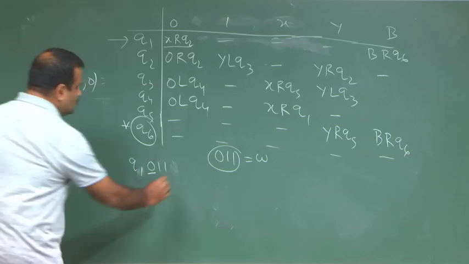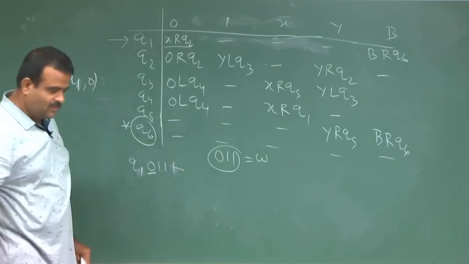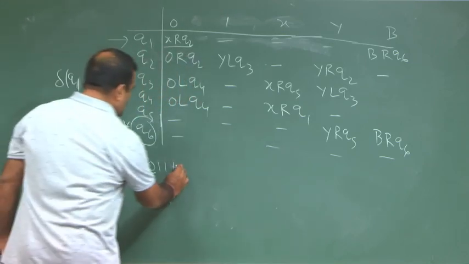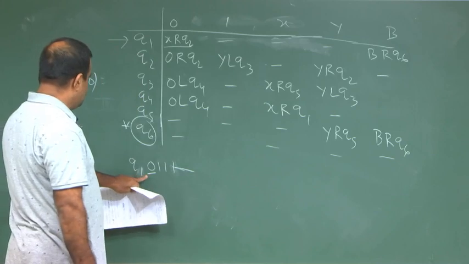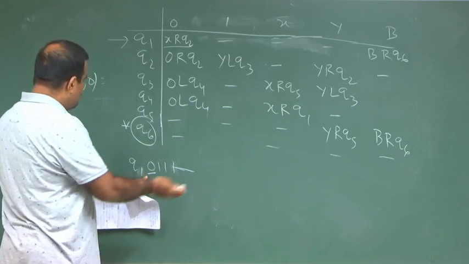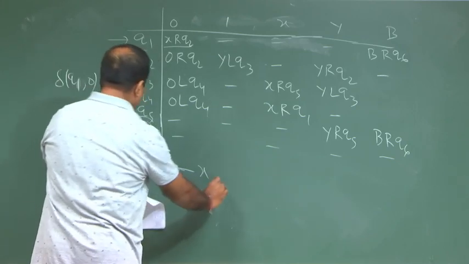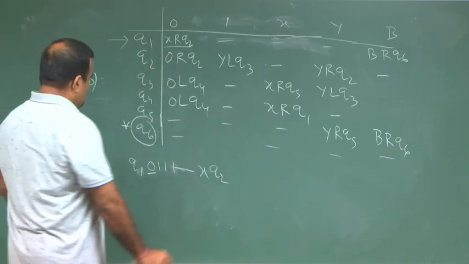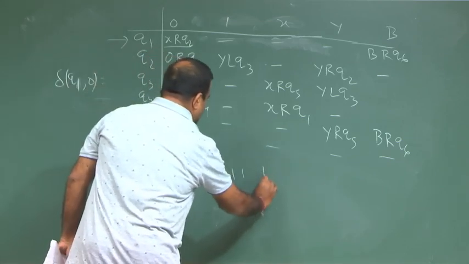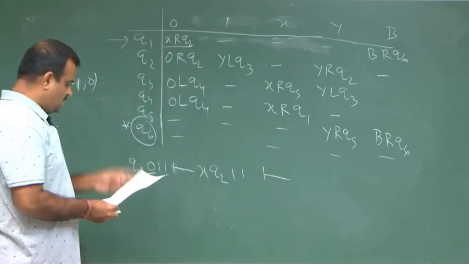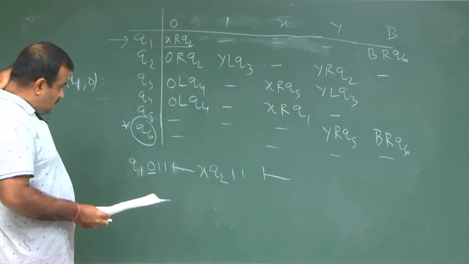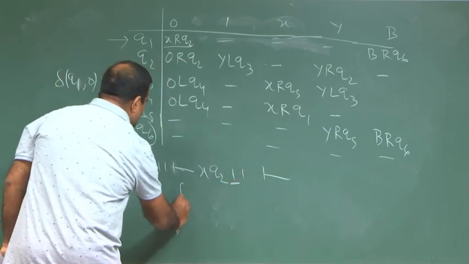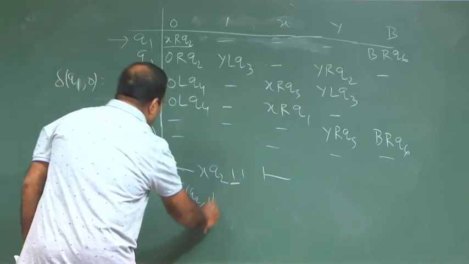So, we are going right and replacing this 0 by x, and this is x q2 1 1. Again, where will this go? Now we need to check delta of q2 1.